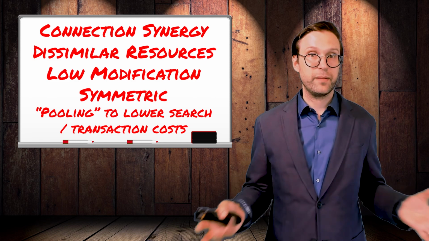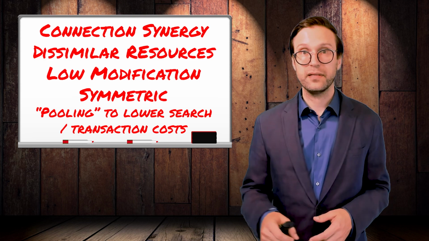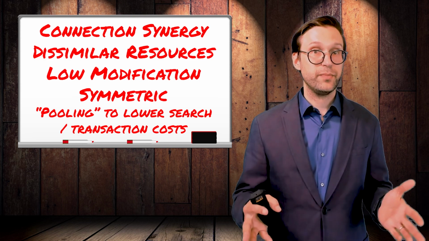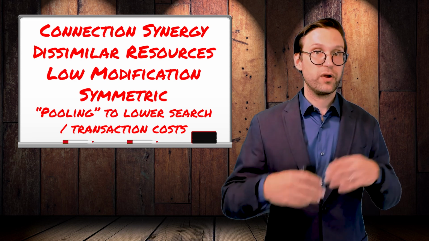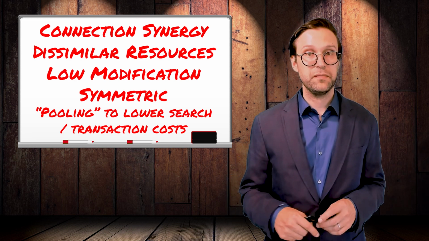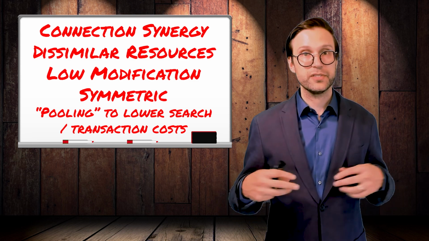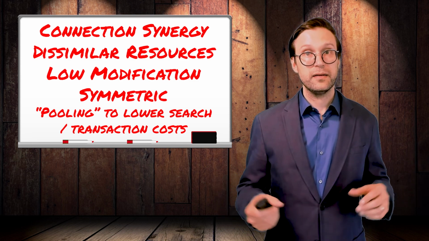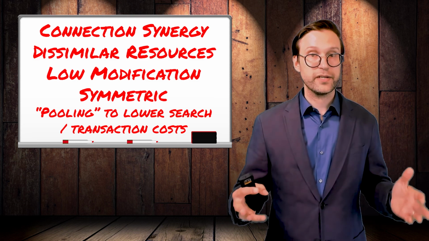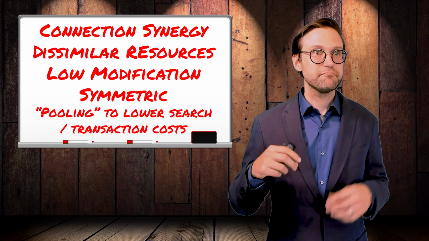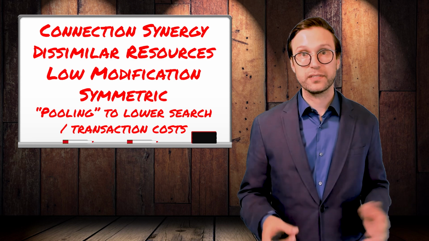And by virtue of having all of those products in the same store, it lowers their effort and makes them more likely to buy multiple products, even if it might be slightly more expensive for those products in the store than they might be elsewhere if purchased separately. So again, this is about pooling outputs in order to lower search costs or coordination costs. And probably the most common example of this, again, is cross-selling.